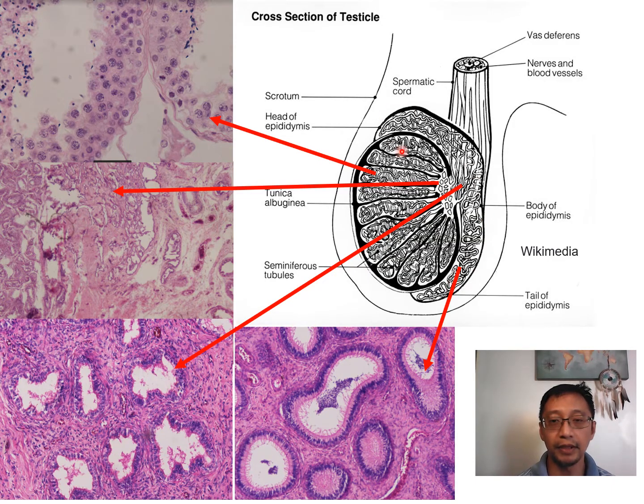Your epididymis has your head, body, and tail, and the tail is the beginning of your vas deferens. During ejaculation, the epididymis will contract and expel the ejaculate through the vas deferens.